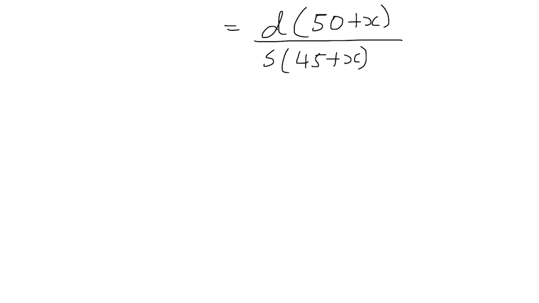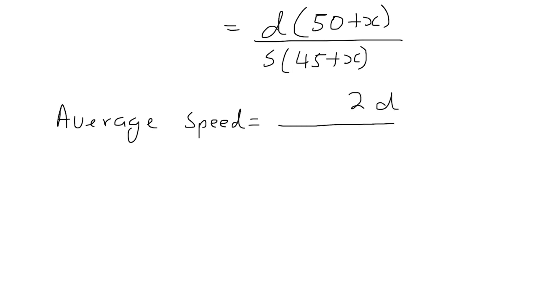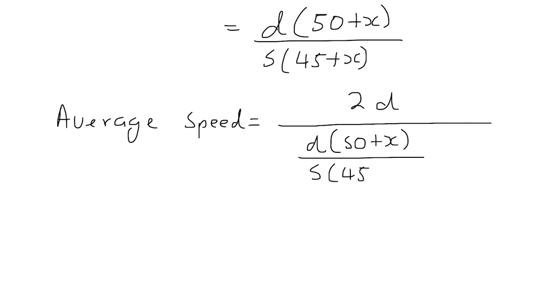Now, our average speed, if we substitute our total distance and total time, will be equal to 2d, that hasn't changed, divided by total time, which in this case will be d into 50 plus x divided by 5 into 45 plus x. Okay, so let's flip and multiply.